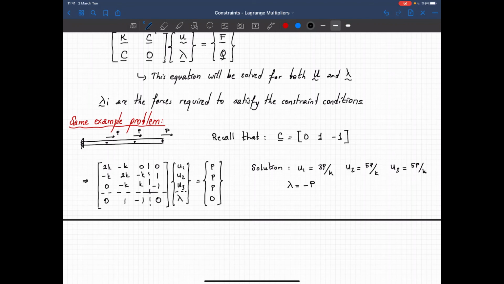So really, what's the meaning of this? What does lambda equal to minus P actually represent? You can consider that lambda as the force that is required to make these two displacements equal to each other.